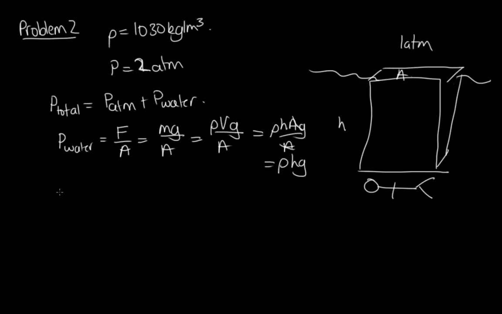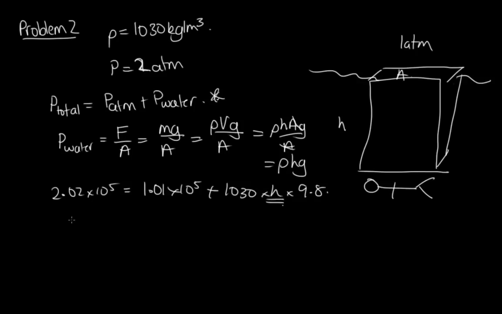So we know that 2 atmospheres, which is 2.02 times 10 to the 5, is equal to 1 atmosphere, 1.01 times 10 to the 5, plus rho h g, which is 1030 times h times 9.8.